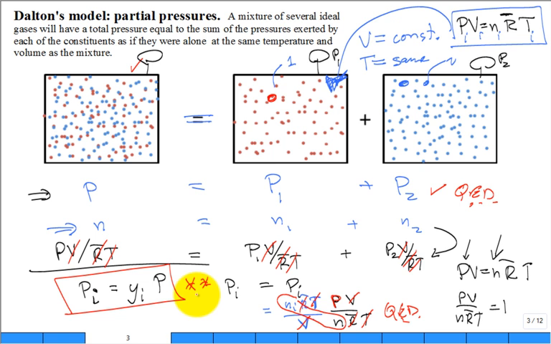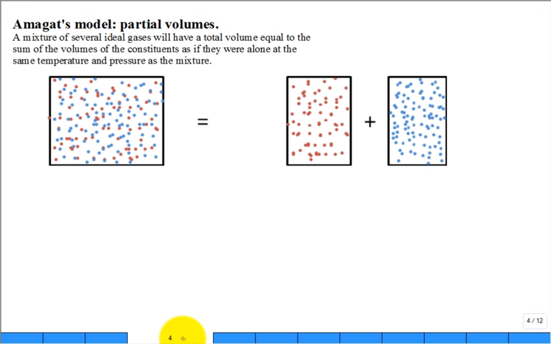All right. The next one is Amagat's model with partial volumes. Here we have the total volume initially, but it's equal to a container that's smaller in size plus a container that's also smaller in size. The sum of the two volumes is equal to the original volume of the gas mixture.